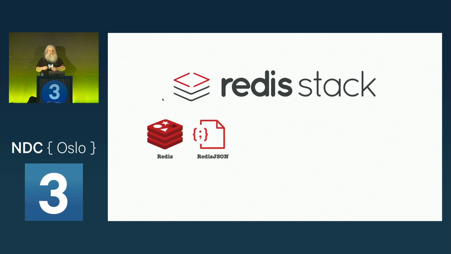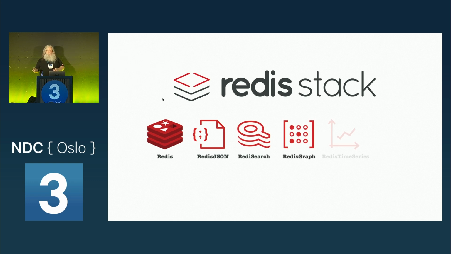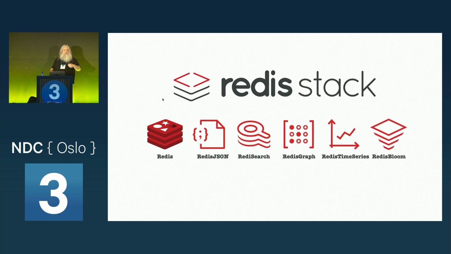We've got modules for JSON, search, graph, time series, and Bloom, which is for the probabilistic data structures. This is the version of Redis I'm running for all my demos later. It's an easy way to get it up and running. I always run it in Docker. It's quick and easy. There's information on how to get it. You can also install it on your machine, or compile it even, if that's how you want to live your life.